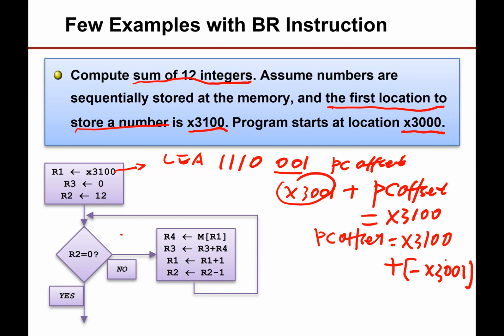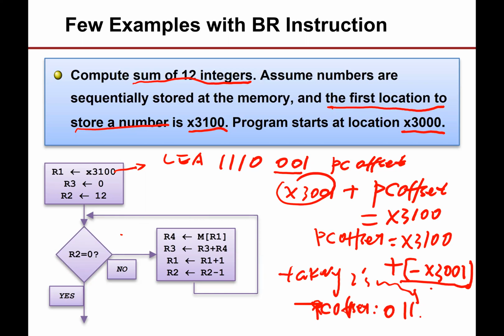You need to take the two's complement and find the result. And then you can find that the PC offset is 0, 1, 1, 1, 8 ones. So this is the one.